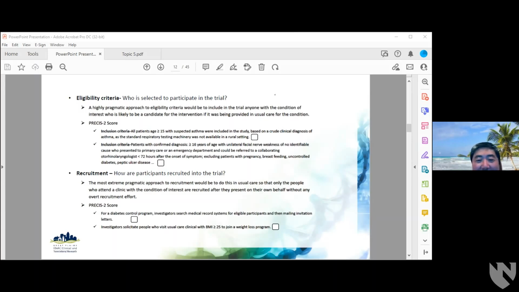It still has some sense of pragmatic. It applies to a diverse population, right? Anybody above 16 years old, that's going to apply. But it does have some rigid inclusion criteria where some people need to be excluded.